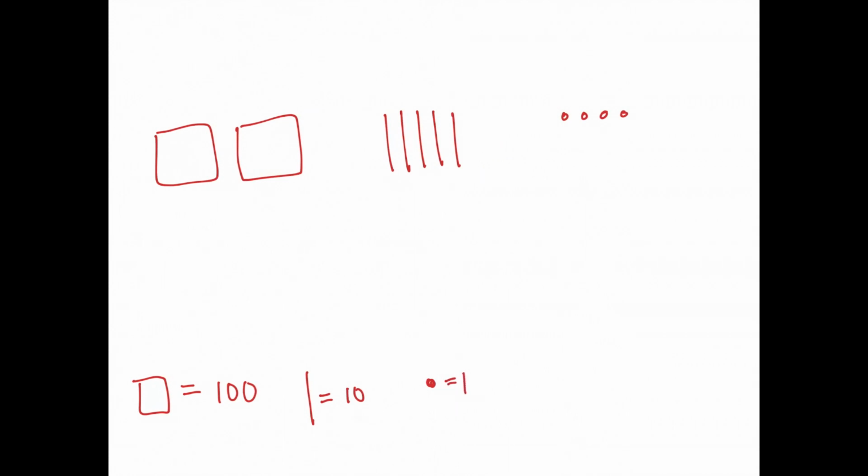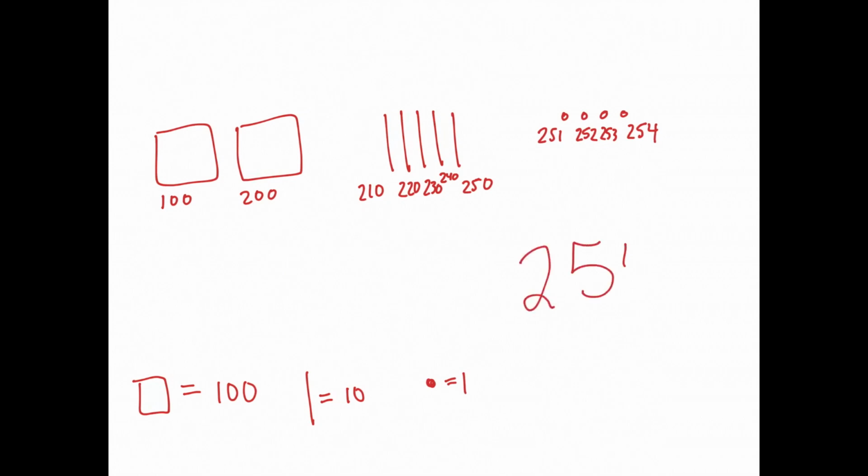So if I count those up, I see that I have 100, 200, 210, 220, 230, 240, and 250. Then I have to count my ones. 251, 252, 253, and 254. So this picture right here represents the number 254. So that is a review of what we did earlier this week.